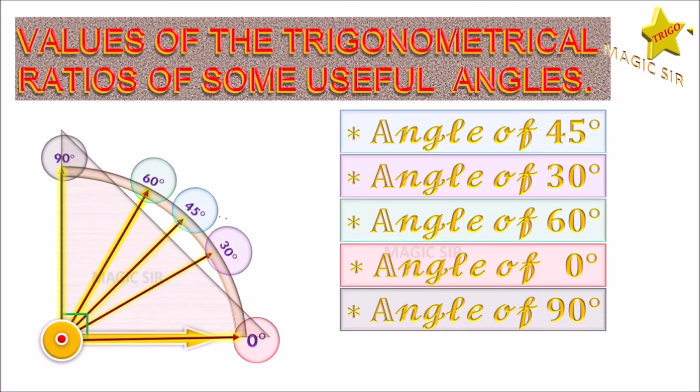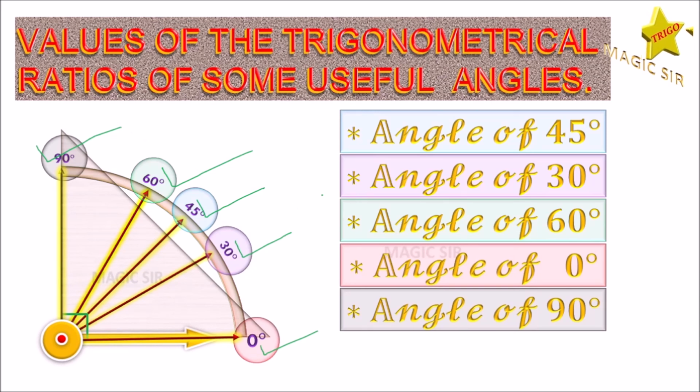Hi friends, we have obtained the values for 30 degree, 45 degree and 60 degree angles. It takes about 10 minutes for 0 degree angle and about 10 minutes for 90 degree angle. As the length of the video increases, the video becomes boring.